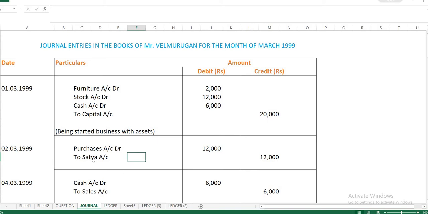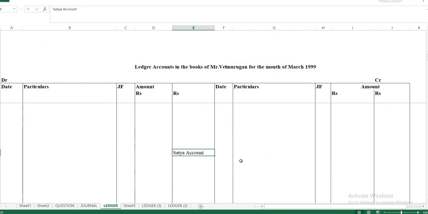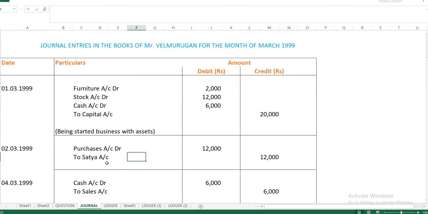Next, in the Satya account, what we have to do? You have to mention "By purchases", because our journal entry is purchases account debit to Satya account. In the Satya account, while preparing, you have to write "By purchases".